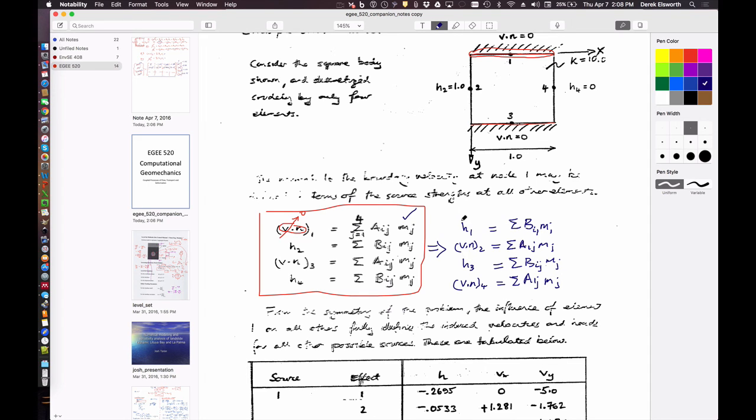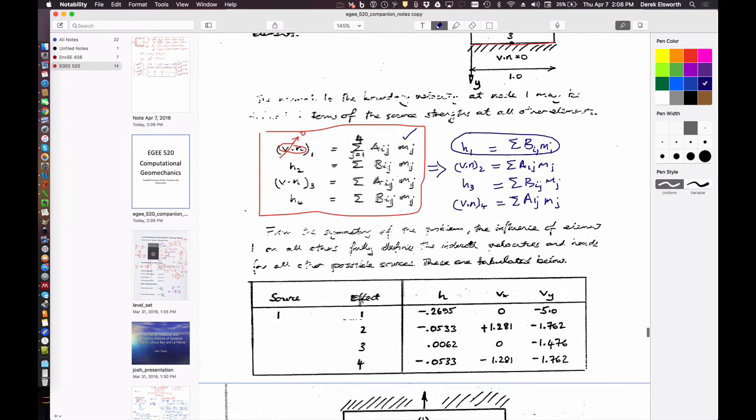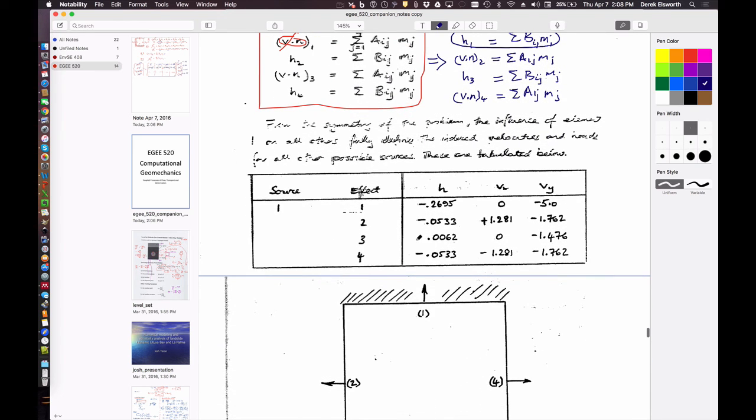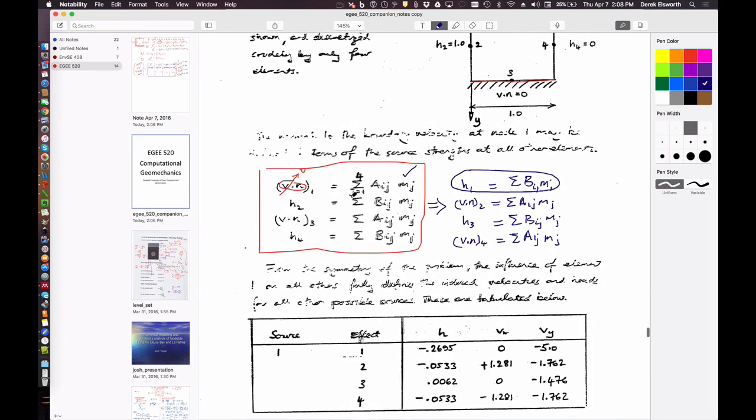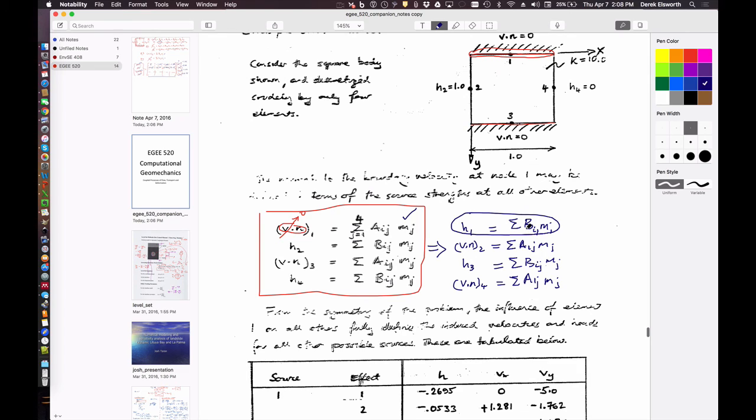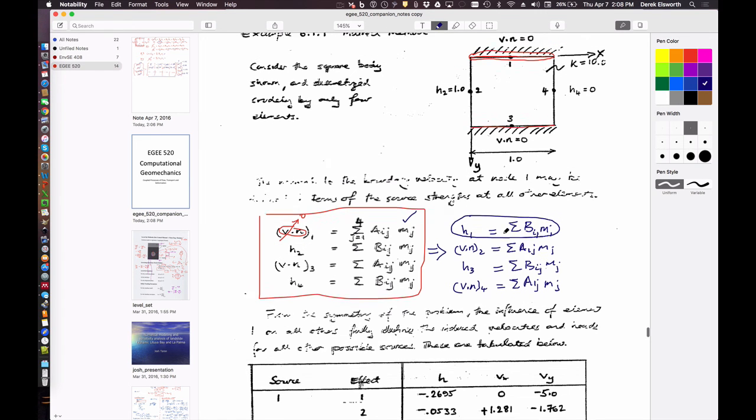And so just to take one, for instance, we take this value here. We want to calculate the, so what does that physically mean? So this equation here is we're calculating the value of head at this point as a function of the known strength.